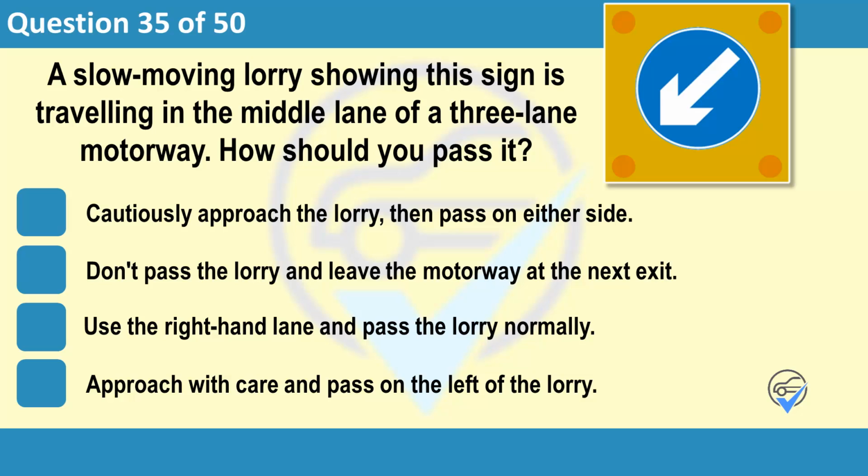A slow-moving lorry showing this sign is travelling in the middle lane of a 3-lane motorway. How should you pass it? Cautiously approach the lorry, then pass on either side. Don't pass the lorry and leave the motorway at the next exit. Use the right-hand lane and pass the lorry normally.